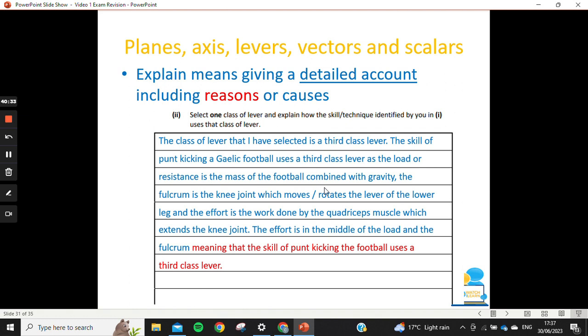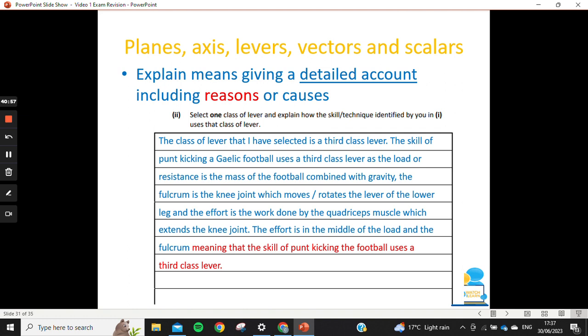The skill of punt kicking in Gaelic football uses the third class lever, as the load or resistance is the mass of the football, and also that's combined with gravity, so gravity will be pushing the football down. The fulcrum is the knee joint which moves or rotates the lever of the lower leg. The effort is the work done by the quadriceps muscle which extends the knee joint.